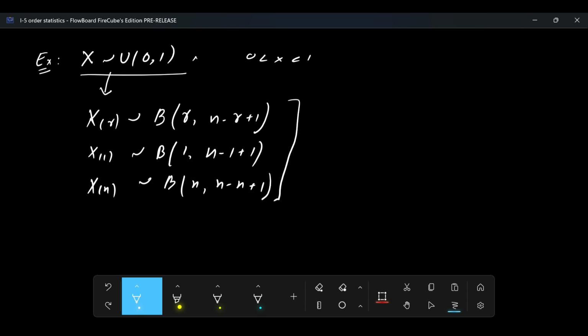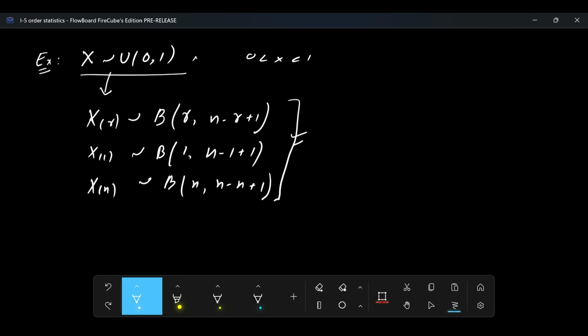So you have to remember this for now. Some of the most important questions will be asked from this: X follows uniform 0 comma 1, then what will be the PDF of X_r, then find the expectation of X_r and the variance of X_r.